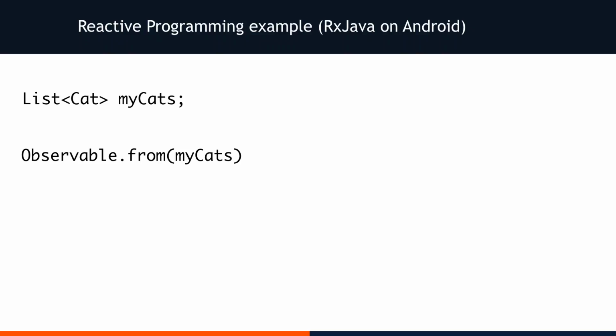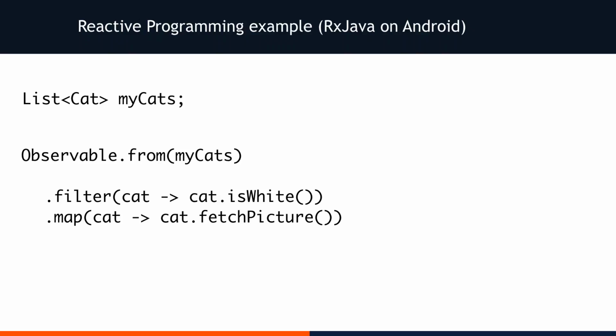And once we have created a stream like this, we can apply some operators to it. For instance, we can filter an item. In this case, inside the filter parentheses, you have a lambda from Java 8. What this operator does is propagate through the stream only cats that satisfy that condition, so only white cats. After that, we can apply a map operator, where basically for each cat, we are going to fetch its picture.